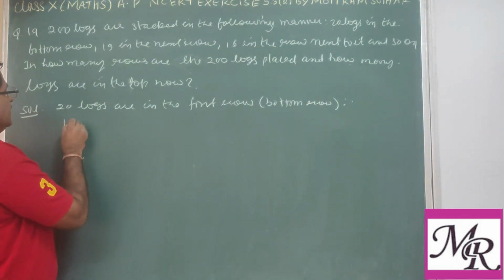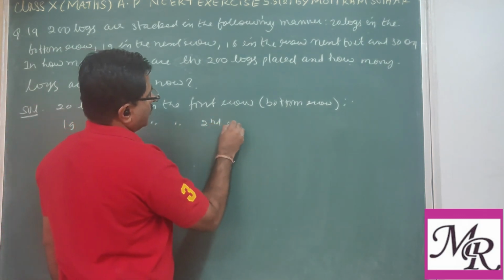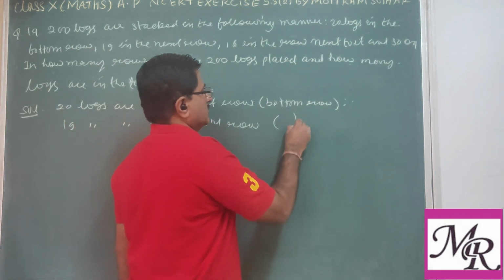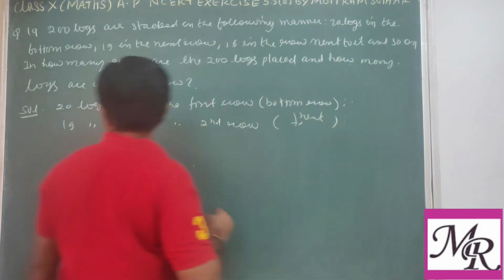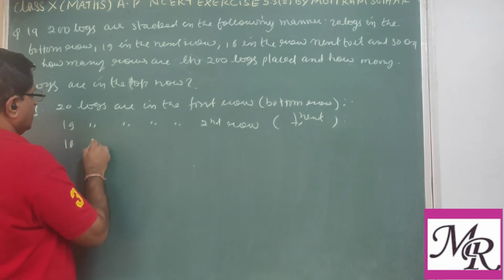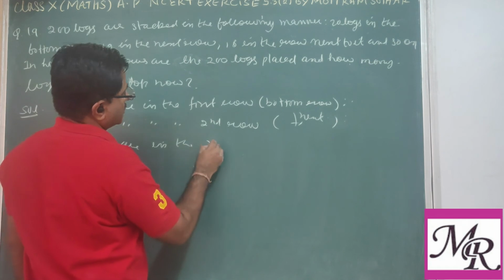Then next 19 logs are in the second row, similarly 18 logs are in the third row.